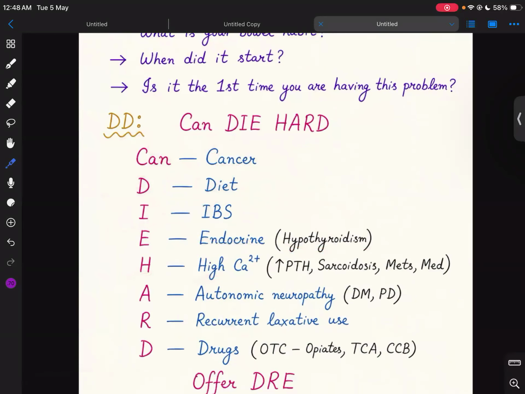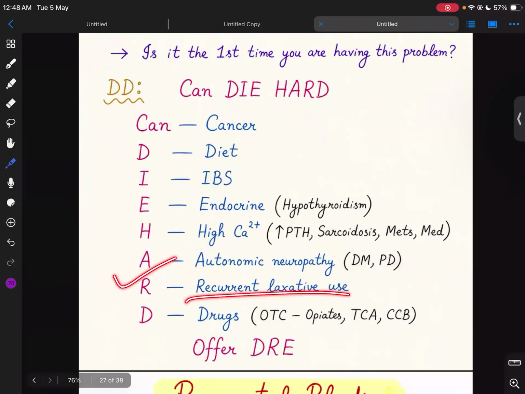For the PACES exam, high calcium is given in the perspective of hyperparathyroidism or sarcoidosis or metastasis or due to iatrogenic overdose, like taking calcium supplementation excessively. Then A goes for autonomic neuropathy, which is found in diabetic autonomic neuropathy and advanced cases of Parkinson's disease. R goes for recurrent laxative use, and D goes for drugs.